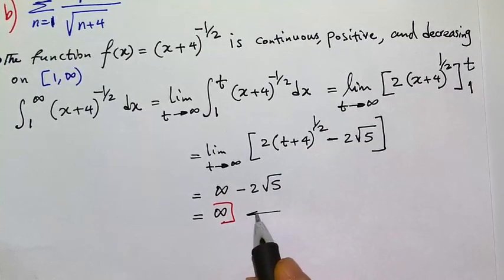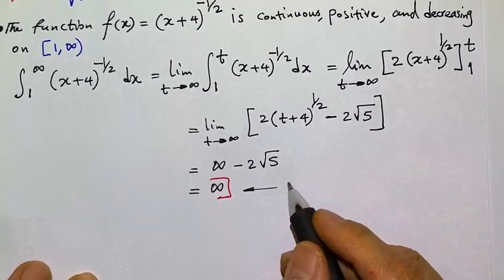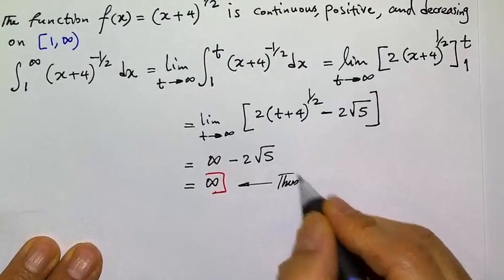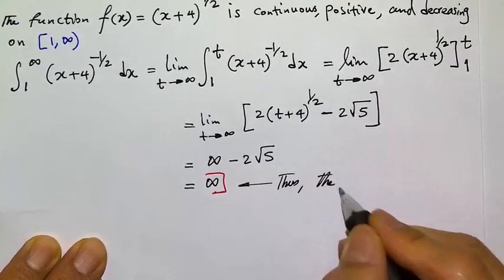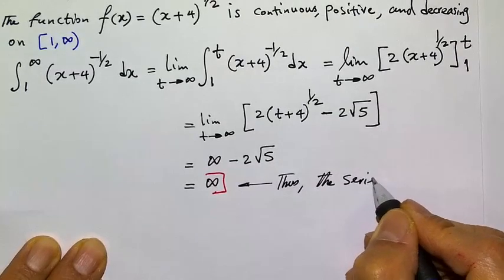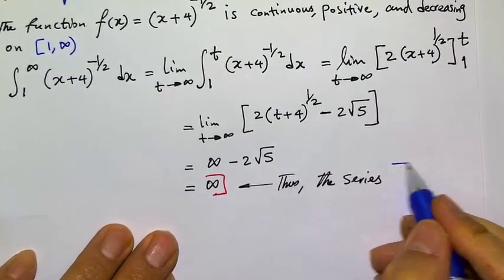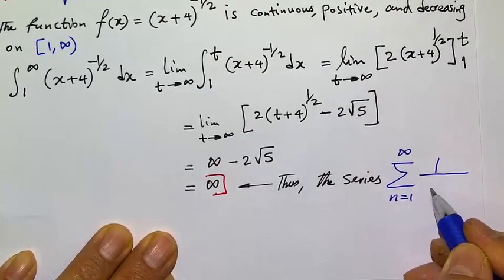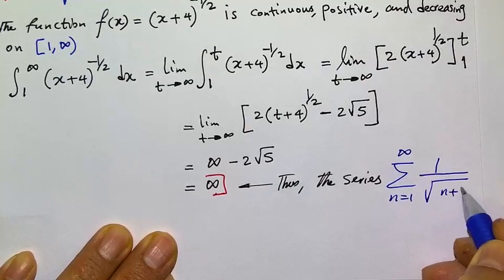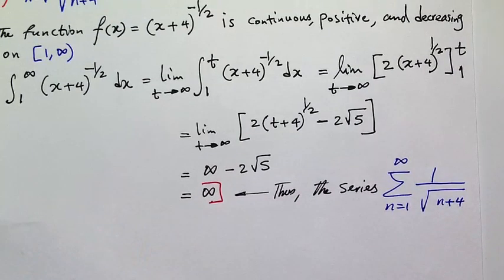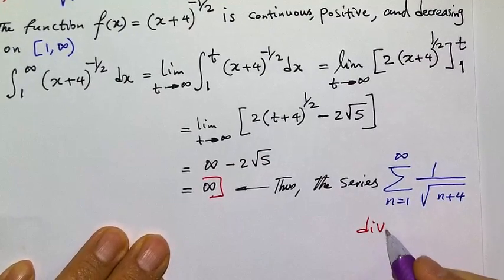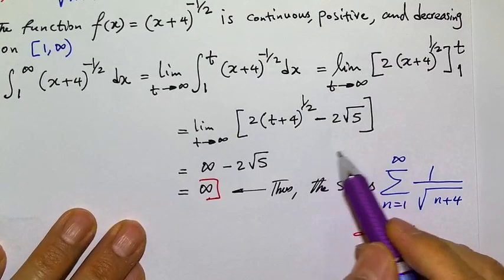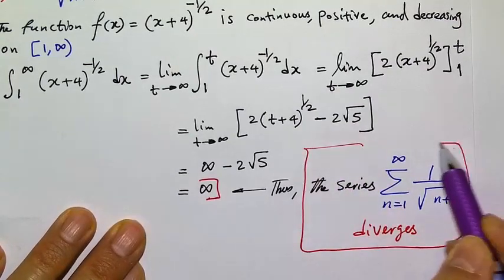Therefore, I should add here, thus the series diverges. The series with square root of n plus 4 diverges.